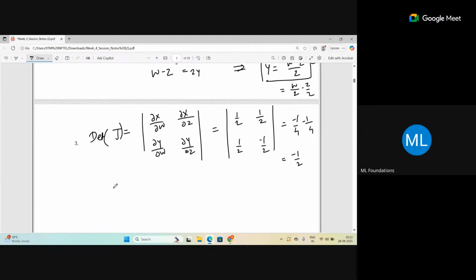But we don't need only the determinant of the Jacobian. We need the modulus of the determinant of the Jacobian, so mod of minus half becomes plus half.